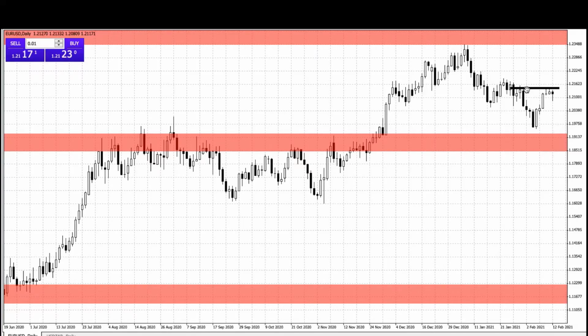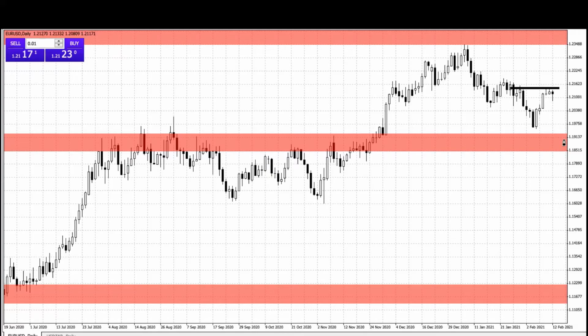This bearish movement is backed by the fact that the price has formed a lower high. From this lower high, the price formed a lower low, and now it has formed a lower high again. So we're expecting the price to move to the downside up to the 1.18515 zone. So this is the bearish movement.